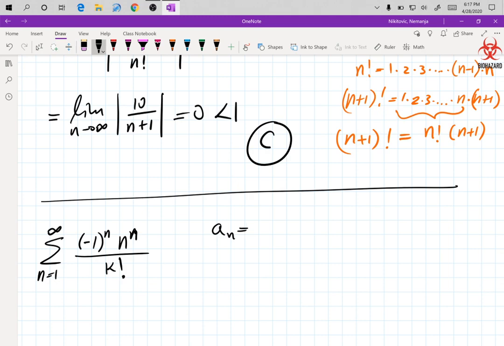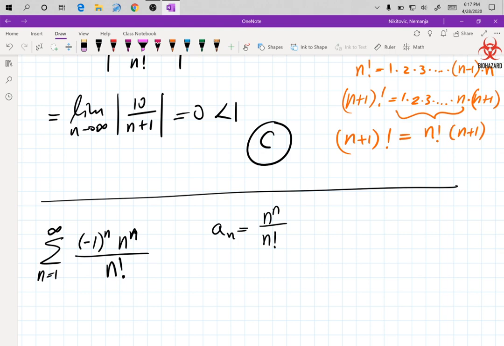Well, an is going to be, why did I put k? It's n. n factorial. There we go. Now note that I avoided writing this one. I have two excuses for that. Excuse number one is I'm going to stick all of this in the absolute value, so I can just drop it now because absolute value will kill it.